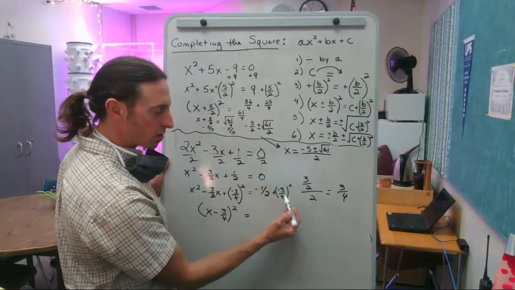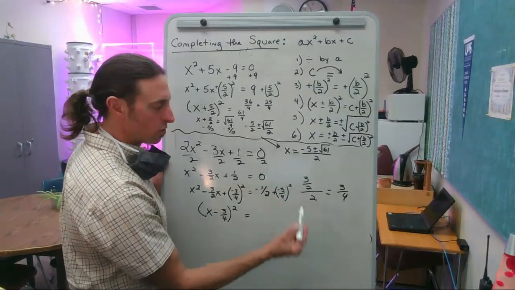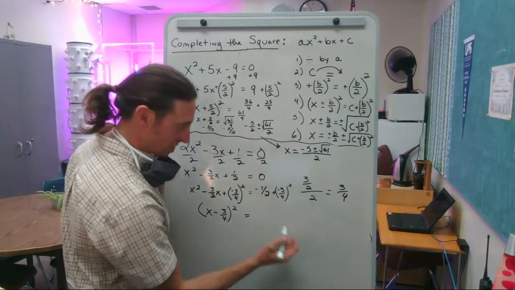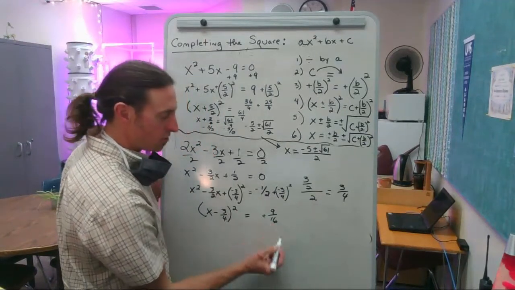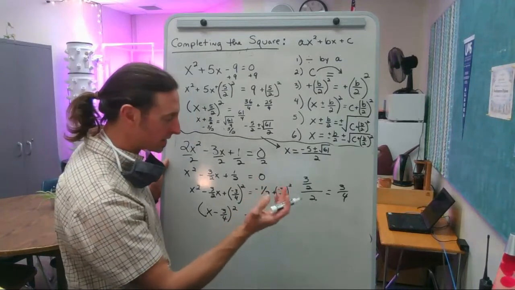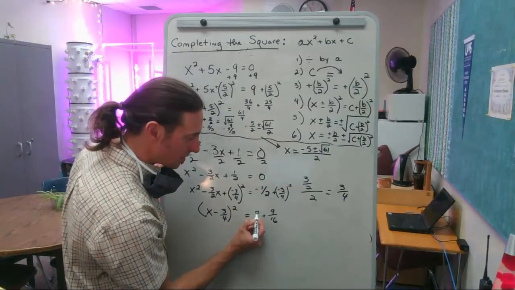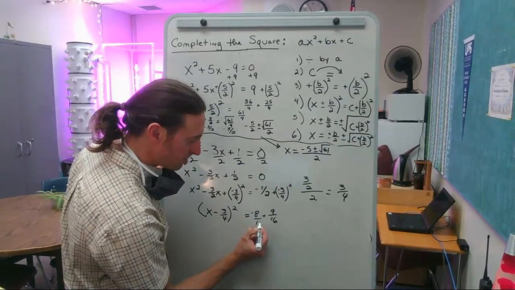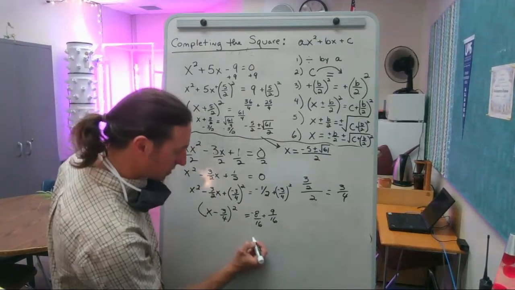So negative 3 over 4 squared would be 9 over 16. I'm going to add that to a negative 1/2. I need to have a common denominator. Back to adding fractions. So that's going to be negative 8 over 16. When I combine these, I'm going to get a positive 1/16.